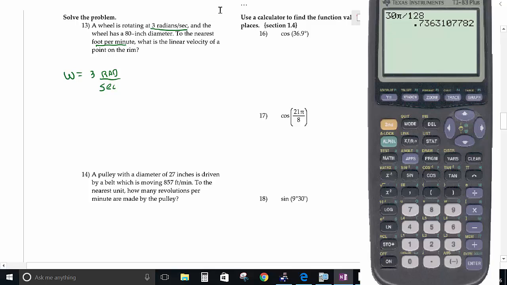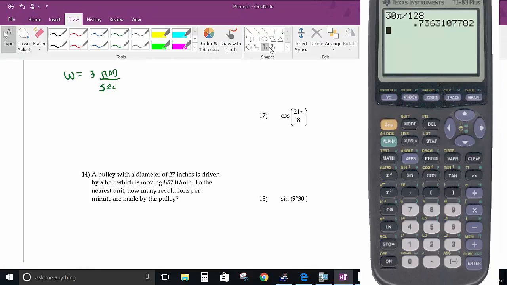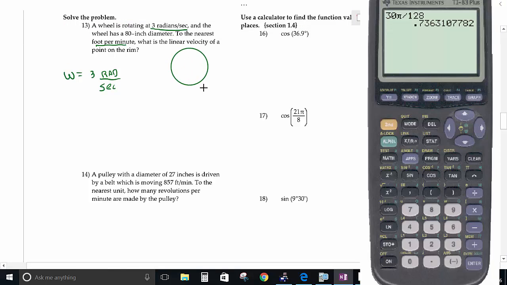Well, first of all, there's a real simple formula that connects those two things, angular and linear velocity. So you have a diameter of the circle, and the diameter of that circle, of course, goes through the center, and it says that is 80 inches. And this thing is rotating some way. But the connection is that the linear velocity is equal to the radius times the angular velocity.